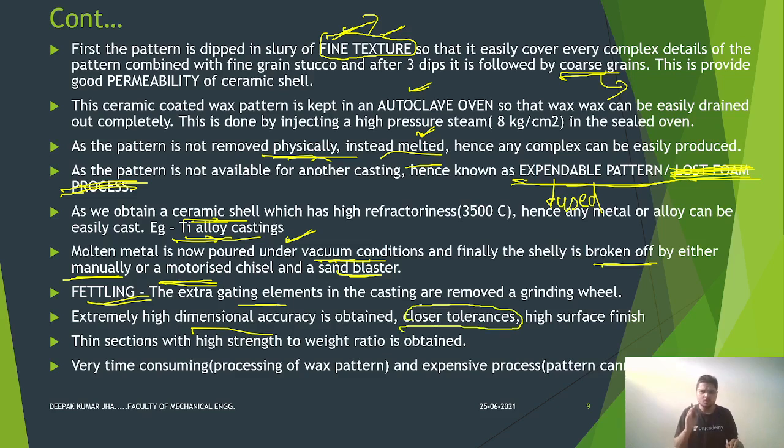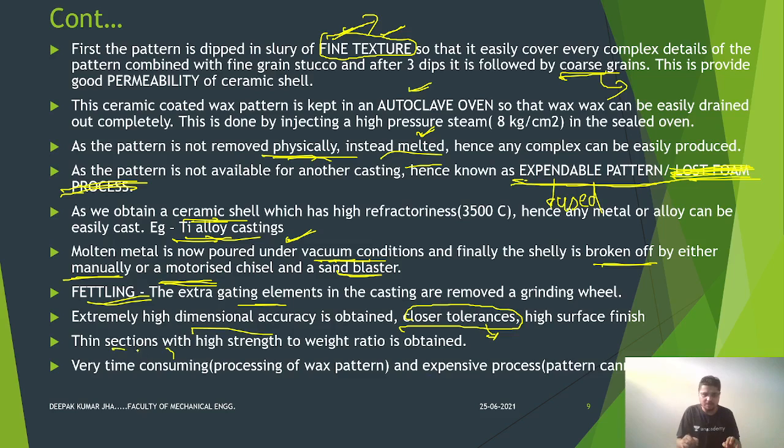Close means the dimensions which you wanted and the dimensions obtained are practically very close to each other. Means the chances of error are very, very less, right? Unlike sand casting, where the dimensional accuracy and the tolerances are very far apart, right?